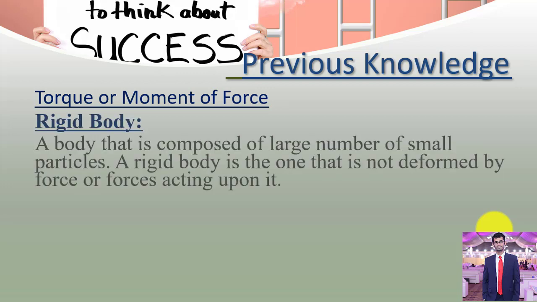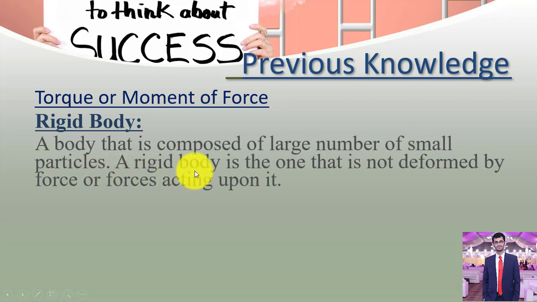Before starting the topic of torque, we need to learn about what is a rigid body. Dear students, as we read in the previous topic about the rigid body, it is a body that is composed of a large number of small particles.